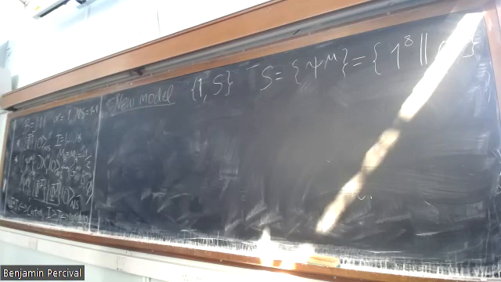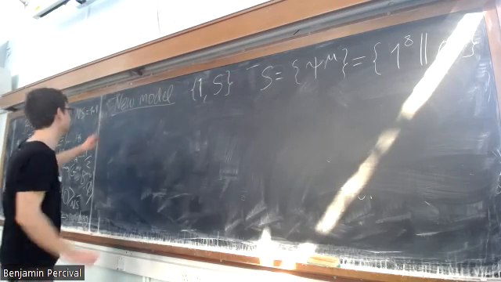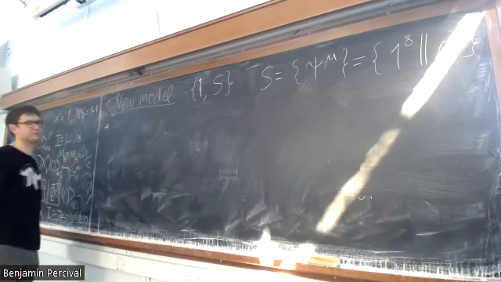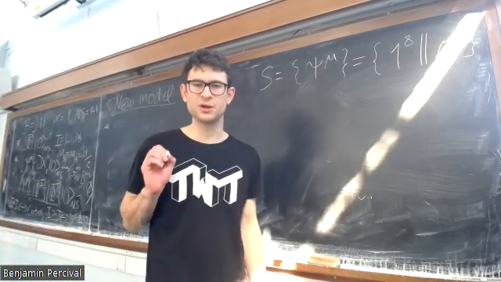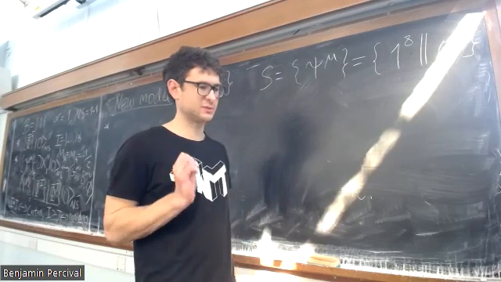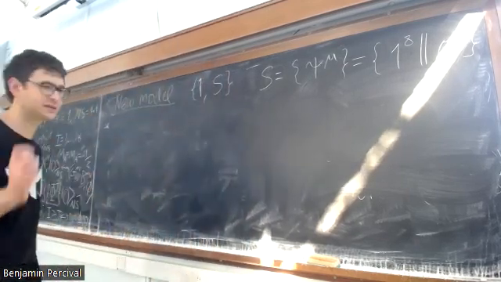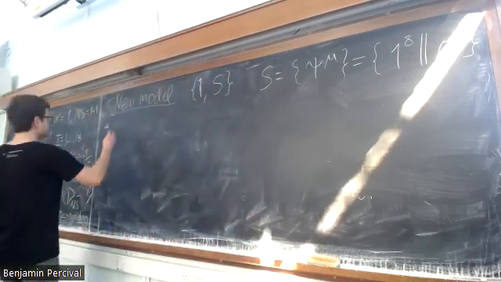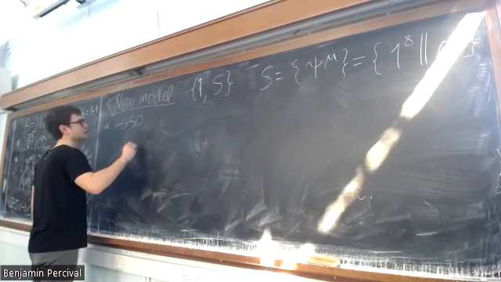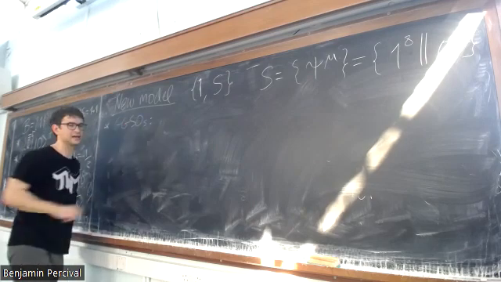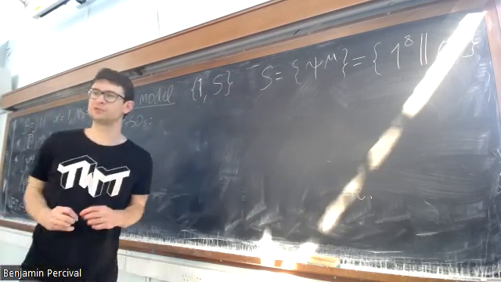So let's try to be systematic when we look at a model. What else do we need to specify? The GSO phases. The GSO phases are the other unknown ingredient for a model.